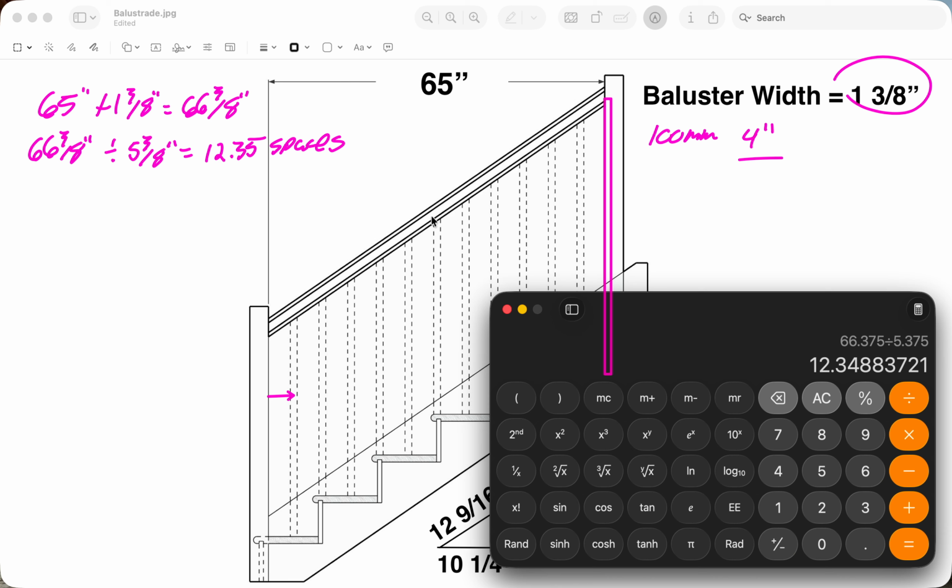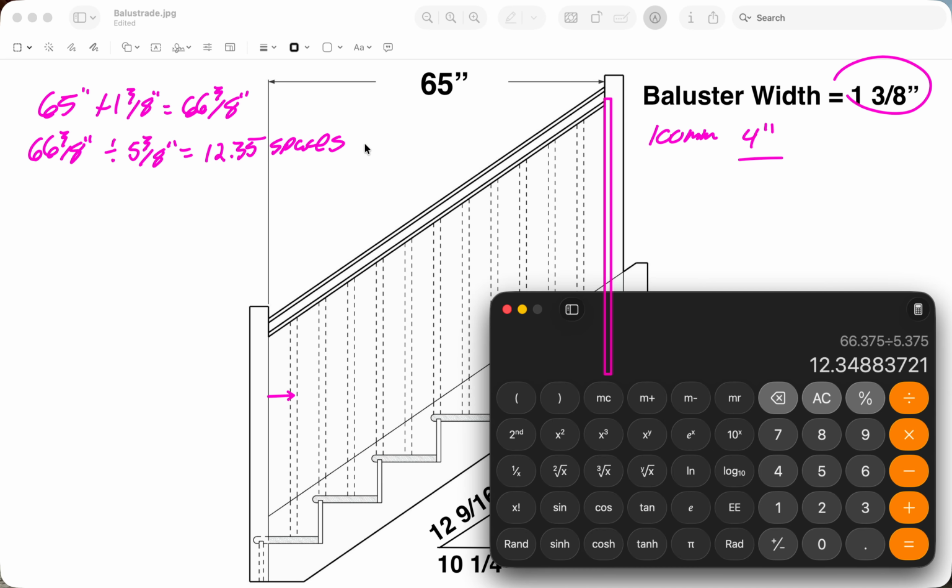It's not balanced. So what we want to do is divide by a whole number of spaces, so no decimals. That way we change our spacing. Our spacing won't be 4 inches, but it'll be a fraction, and that way every one of the spaces is the same.